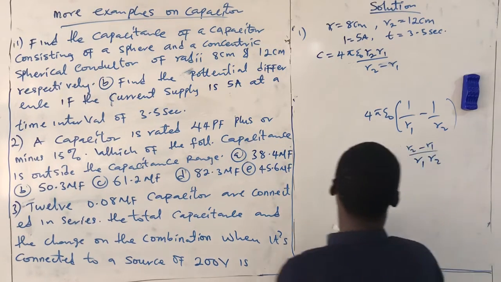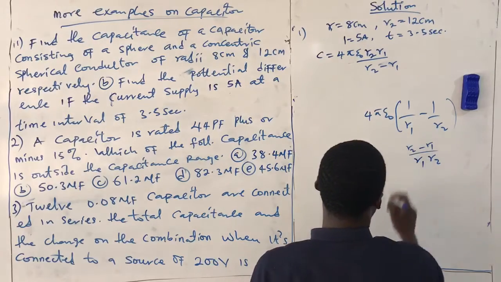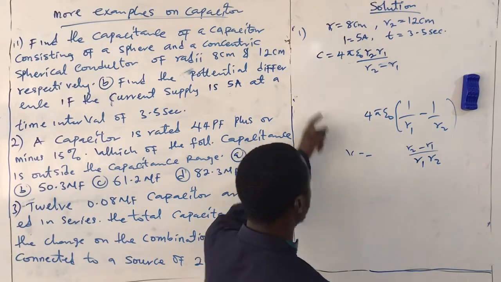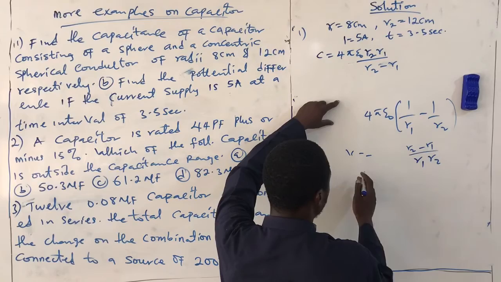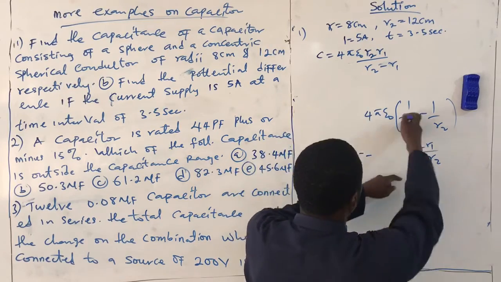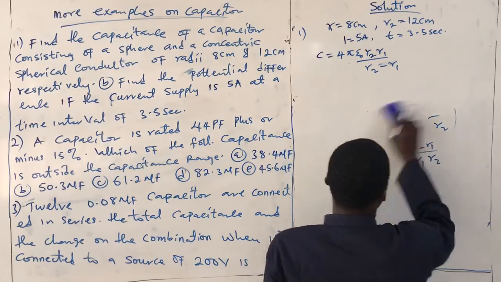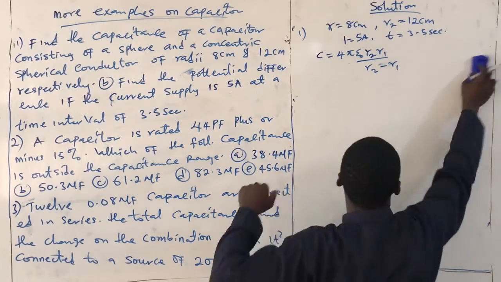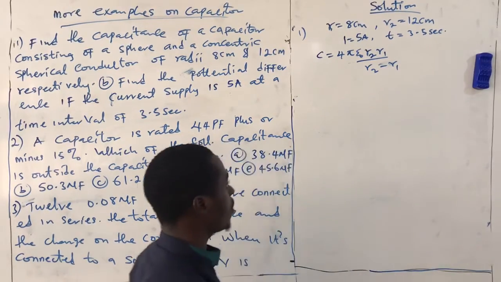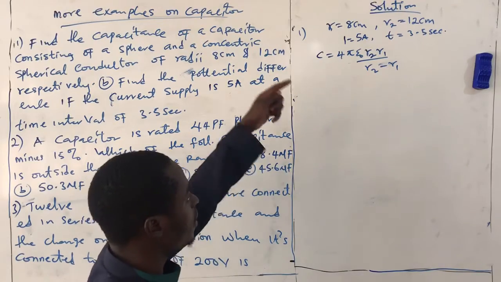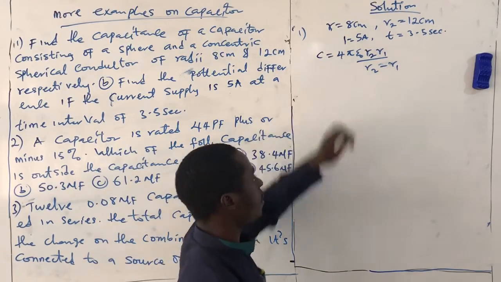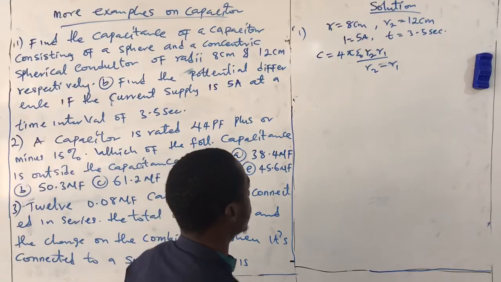This is the potential difference. If we substitute this, this one will be up and this one will go down, because we actually calculate the potential difference when we take the integration. Now we relate it with respect to our capacitance.